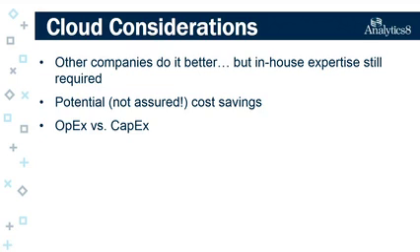Another one, which matters mostly to our accountants, is operational expenses versus capital expenditures. I'm not going to go into a whole lot of detail on that, but a capital expenditure is an accounting term for something that you own and it depreciates over time. In some cases, people's finance departments or accountants want to put their computing resources there.